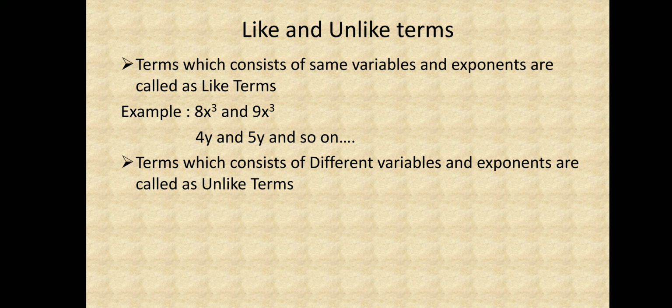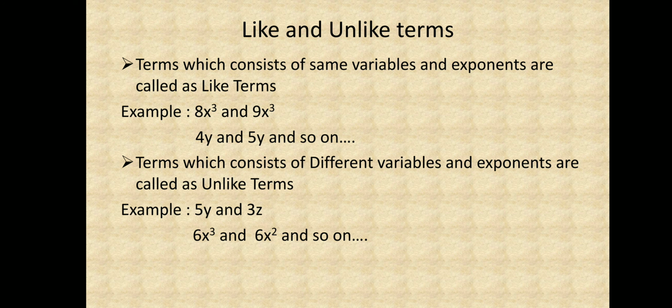Like terms, we saw, should have the same variable and the same exponent. But in an expression, if you have a different variable or a different exponent, you call them unlike terms. For example, 5y and 3z. The variables are y and z, which means they are not the same variables, so this is an unlike term.